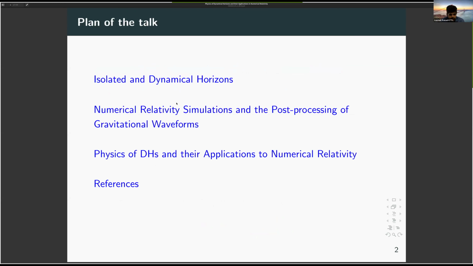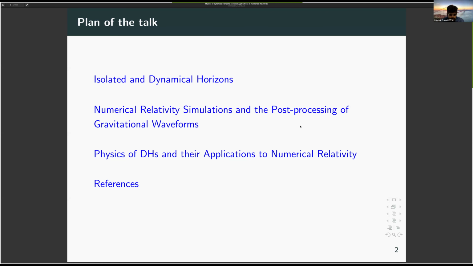The plan of the talk is as follows. In the first part, I will give a brief overview of isolated and dynamical horizons, with particular emphasis on their applications to numerical relativity. Next, I will describe one of the most important products from numerical relativity simulations, which are gravitational waveforms, which are crucial for detecting signals of binary black hole coalescences.